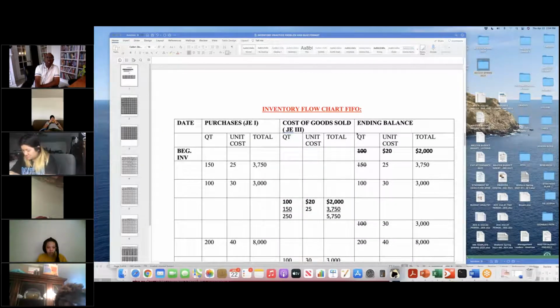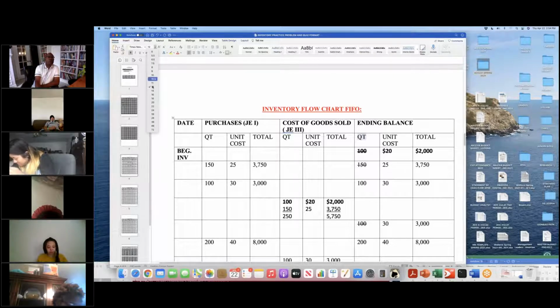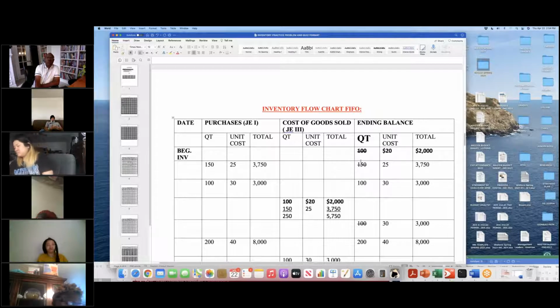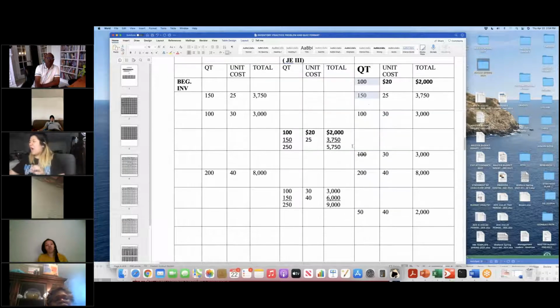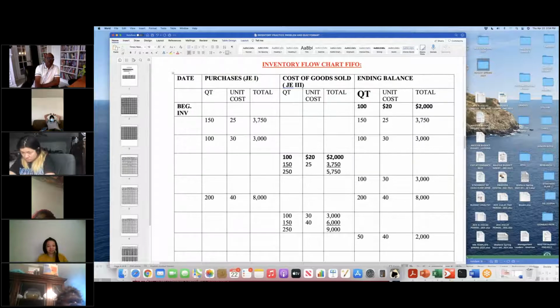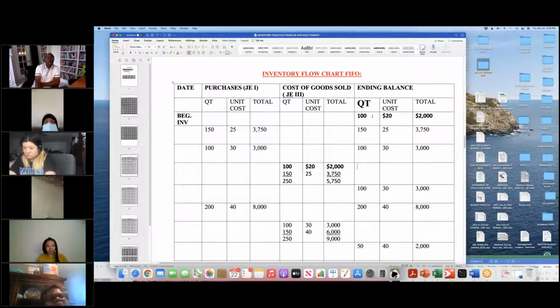Okay, so let's focus on this column here, the quantity column. We had a beginning inventory of 100.